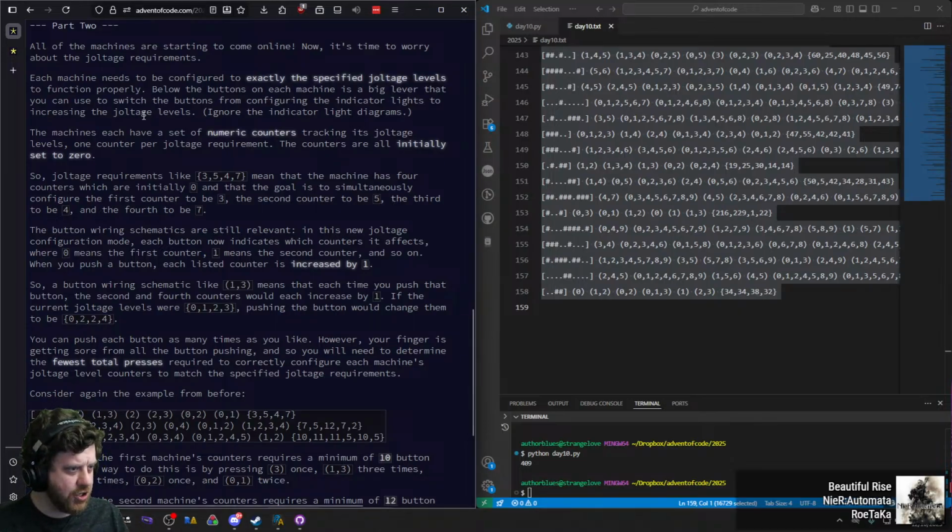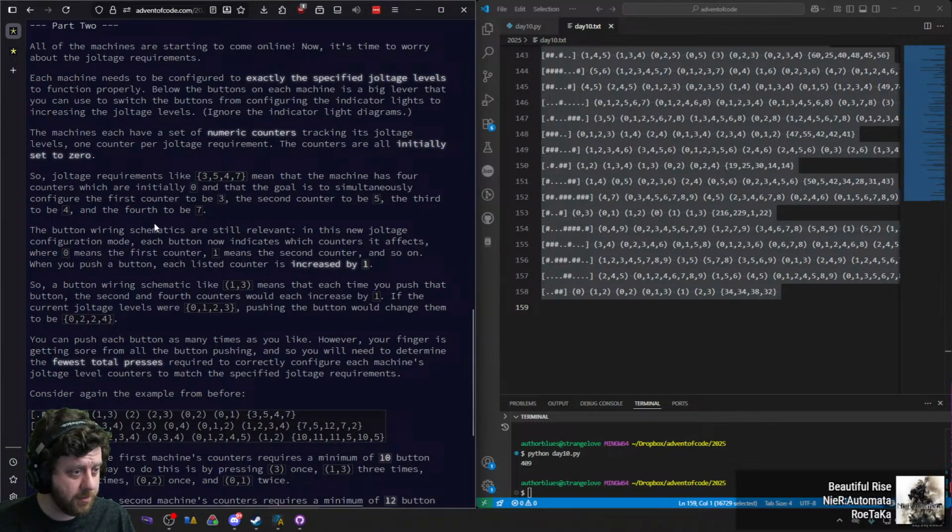Machines each have a set of numeric counters tracking its joltage levels, 1 counter per joltage requirement. The counters are all initially set to 0. So joltage requirements like 3, 5, 4, 7 mean the machine has 4 counters, which are initially 0, and that the goal is to simultaneously configure the first counter to be 3, second to be 5, third to be 4, and fourth to be 7.